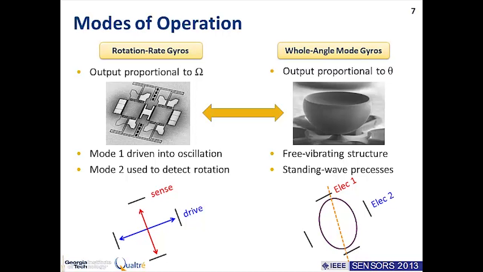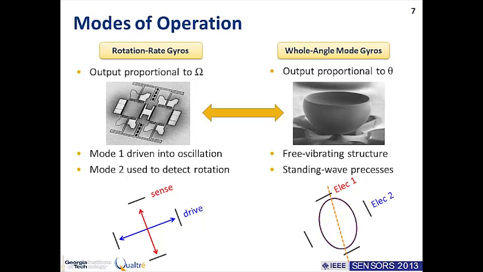So if we have electrodes placed orthogonal to each other, we can measure the amplitude of the two electrodes and estimate what the angle of rotation was. Later on, we will cover in detail what whole angle mode gyroscopes are, and I'll describe why this standing wave doesn't really rotate at the same rate as the rotation applied.